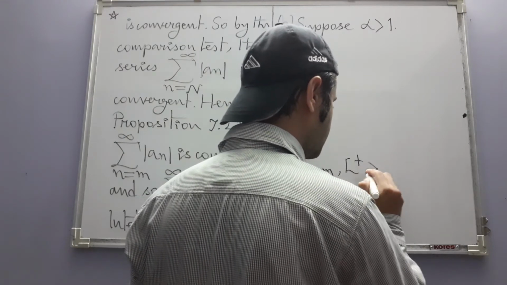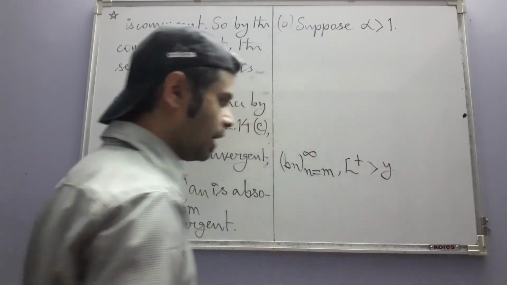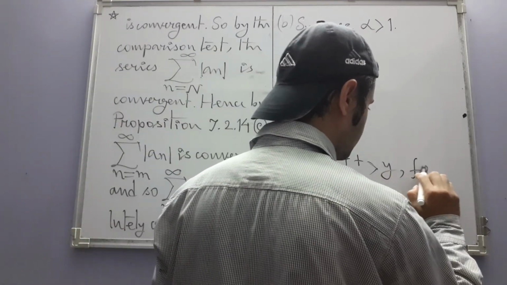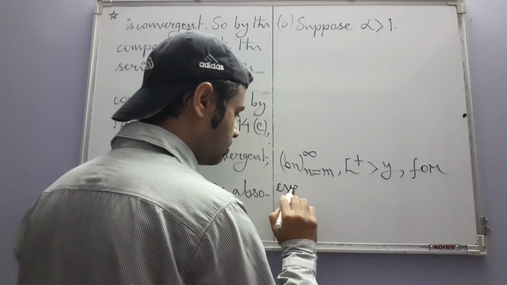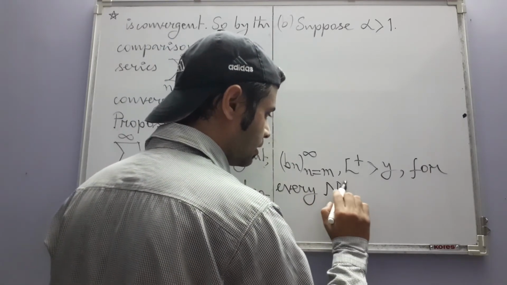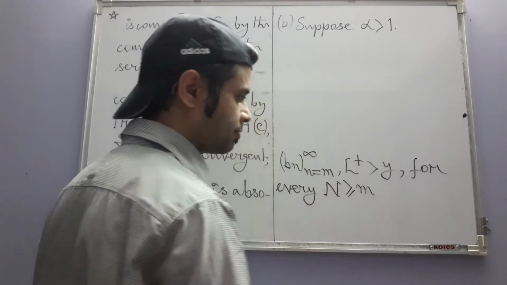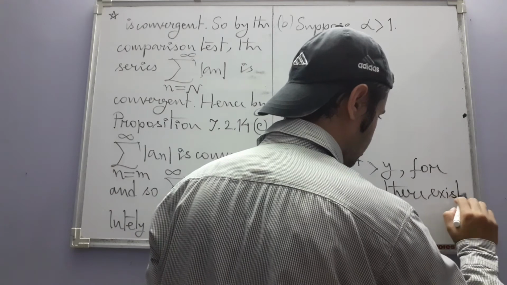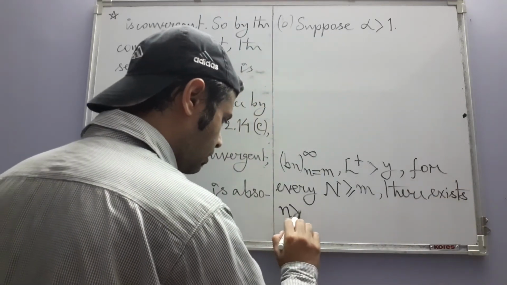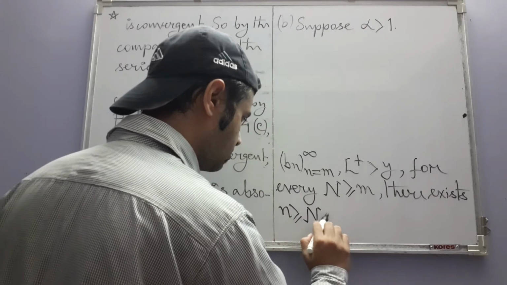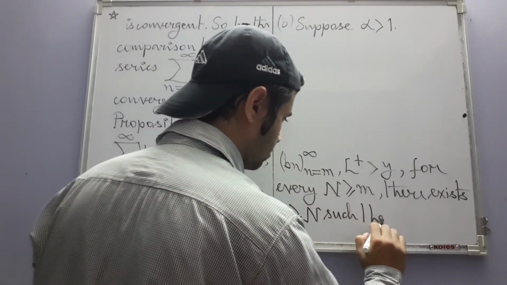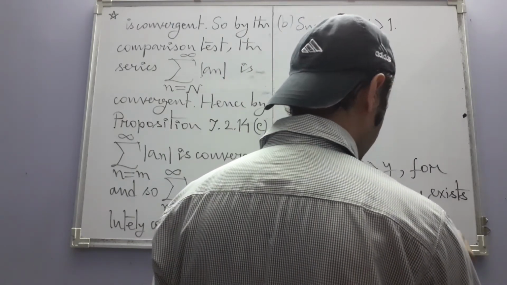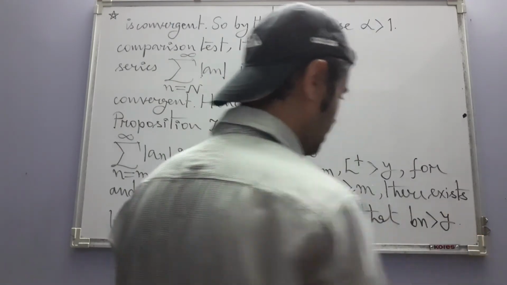Now if it happens that some extended real number y is less than L plus, then for every integer N greater than or equal to m, there exists some integer n greater than or equal to this N such that Bn is greater than y.